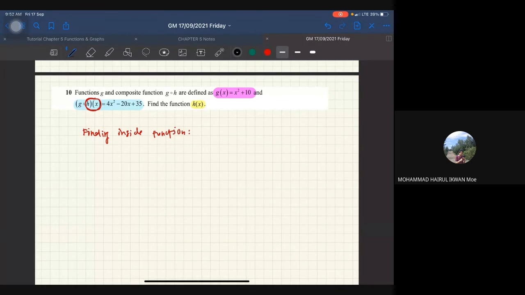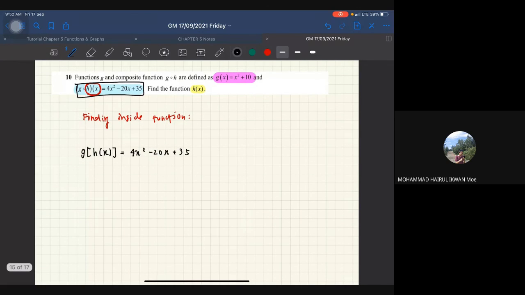So you copy down this one. So you have g of hx equals to 4x squared minus 20x plus 35. Macam ni. Okay, and then kita tak tahu kita punya hx. We don't know what is our hx. This one over here, we don't know.